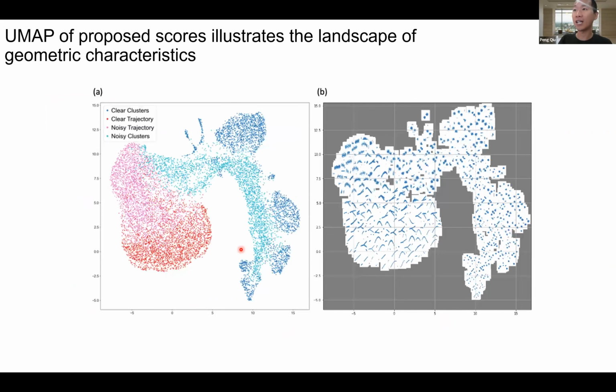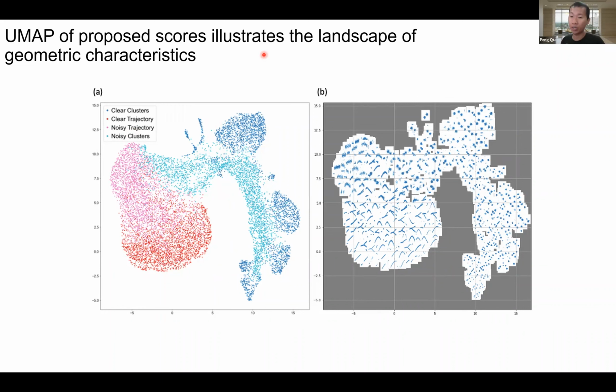Okay, we see that each dot is a data set. All the trajectory-like data sets are here, and then this tunnel, or this bridge, and then everything on the right are cluster-like data sets.